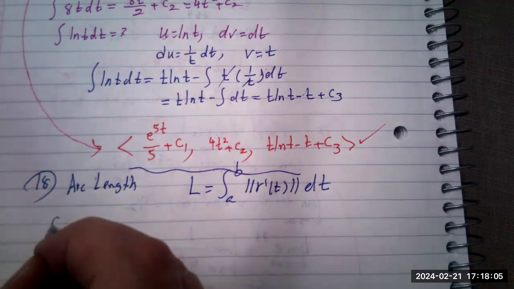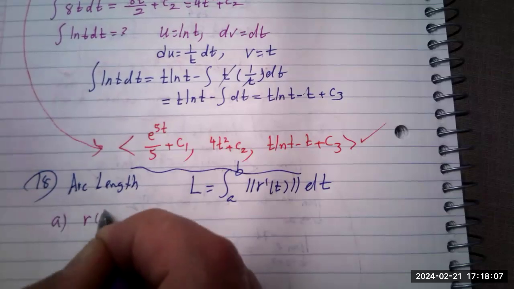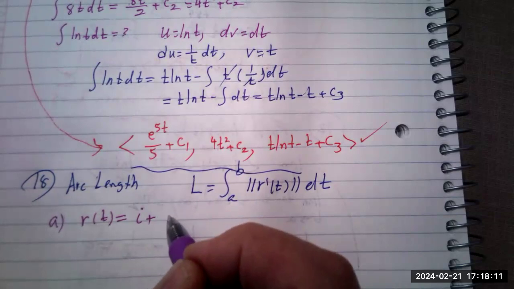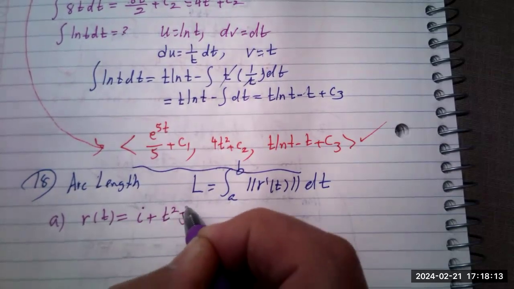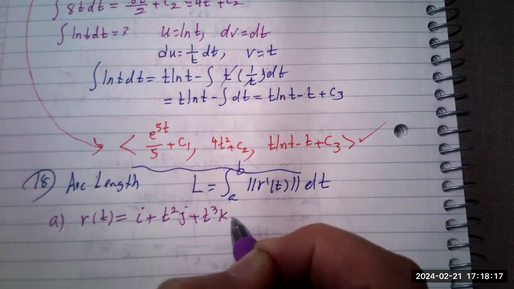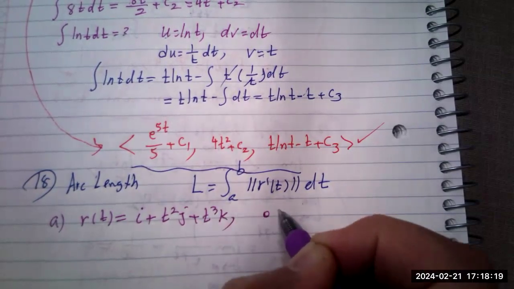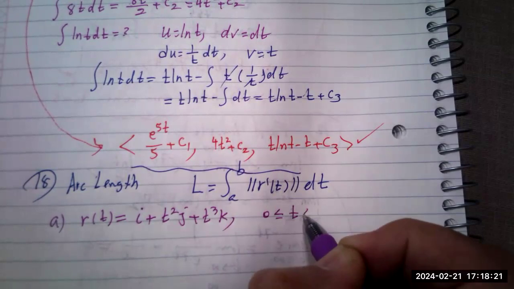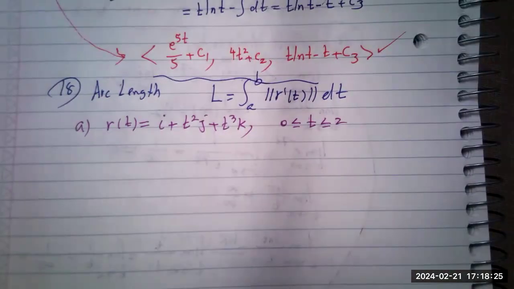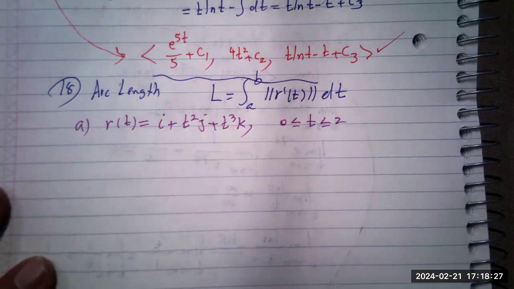Okay, so let's try. The first one is an interesting one. Part 1. The function is r of t equals 1 i plus t squared j plus t cubed k, and you want to do it for t between 0 and 2. Okay, so get the derivative. You can write it in component form.